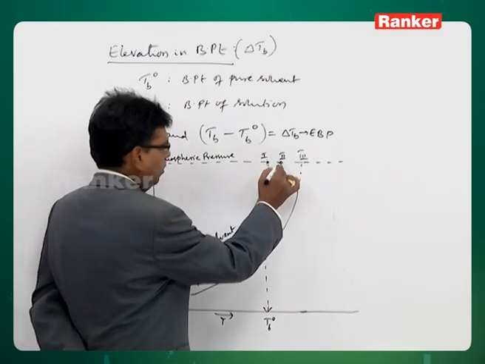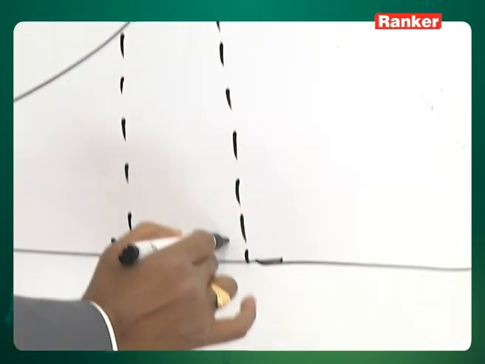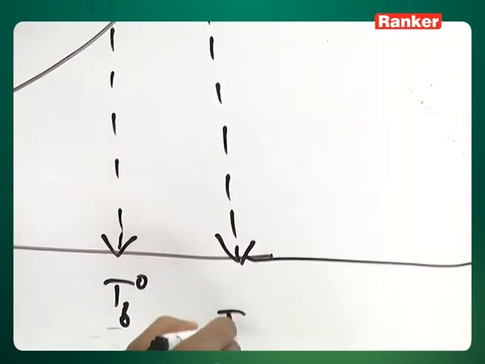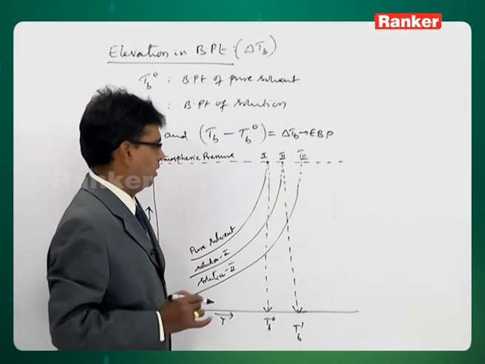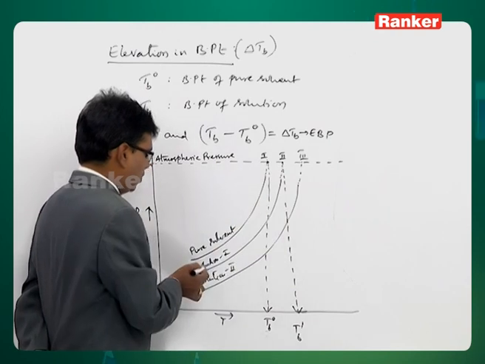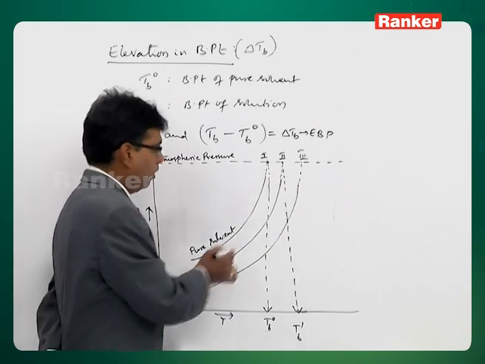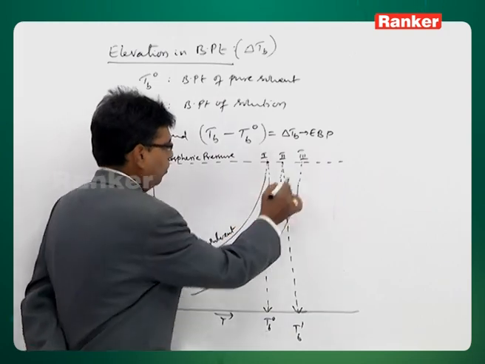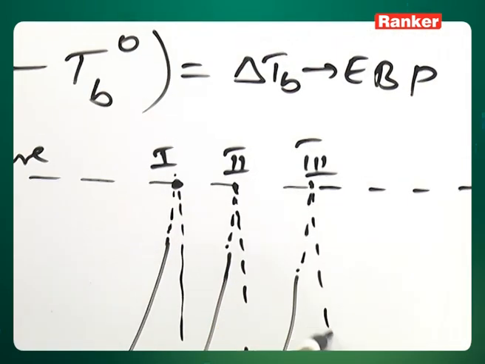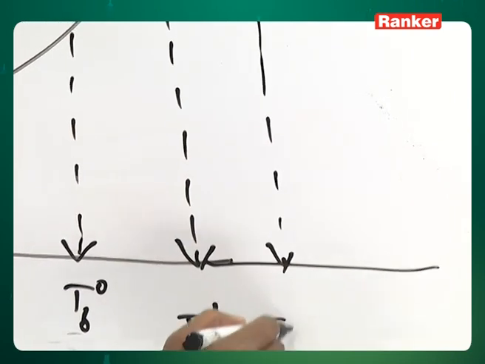Now, I will put this as TB dash. TB dash indicates the second curve, for solution 1, or rather lower concentrated solution, for which this temperature indicates the boiling point. So, this is the boiling point of the lower concentrated solution, and this is TB double dash.